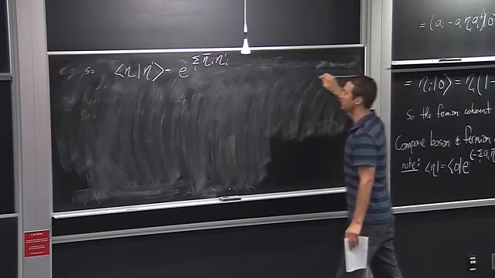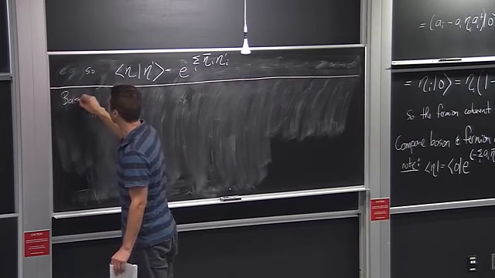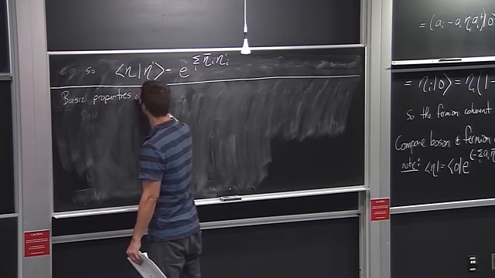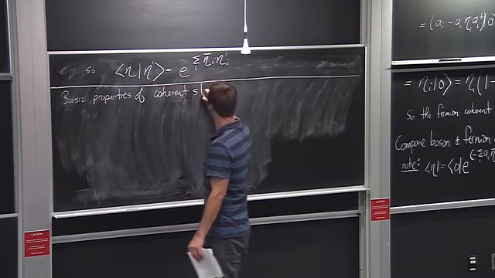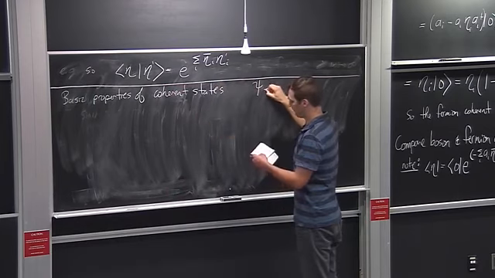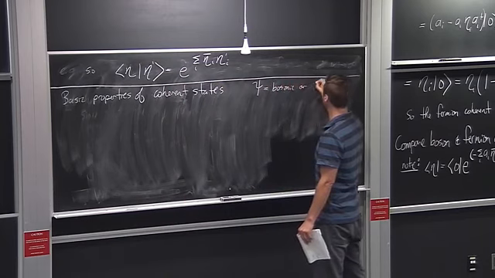Okay, let's summarize all these into basic properties. And I'll use this field, which can be bosonic or fermionic.